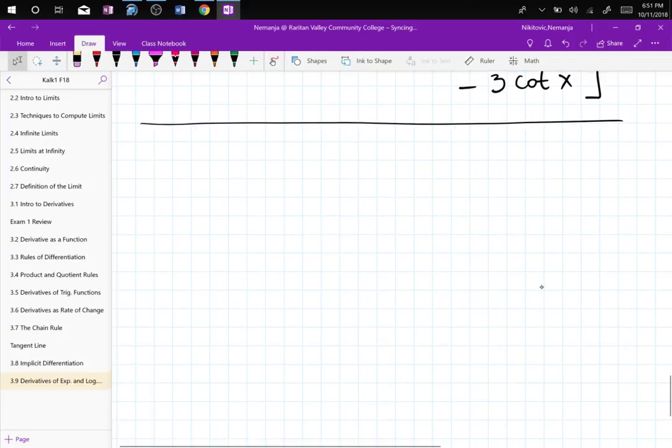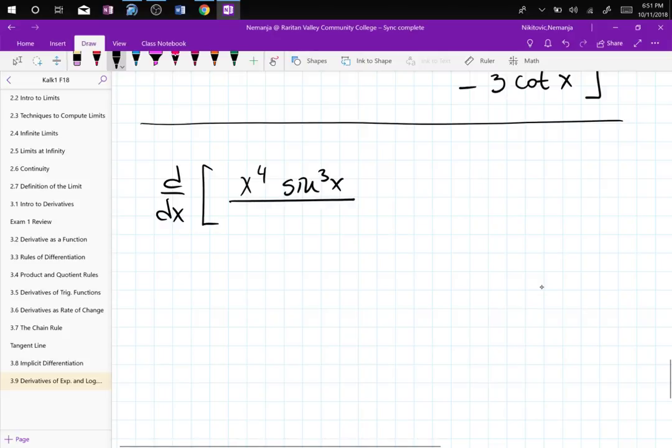So let's have a simpler question. Say the derivative of x to the 4 times sine cubed x divided by the 5th root of x squared plus 1.